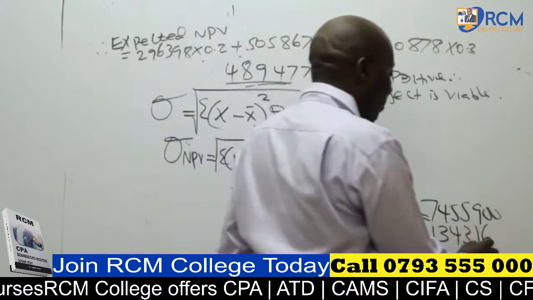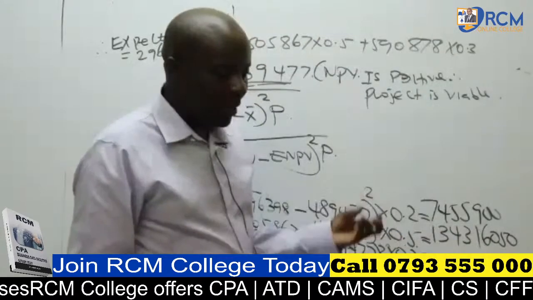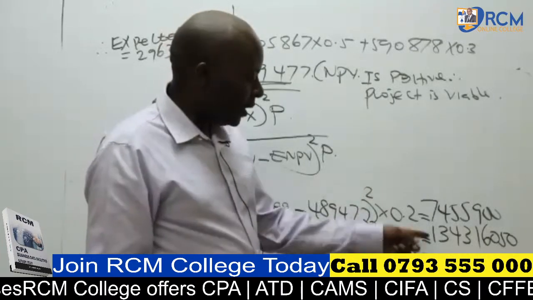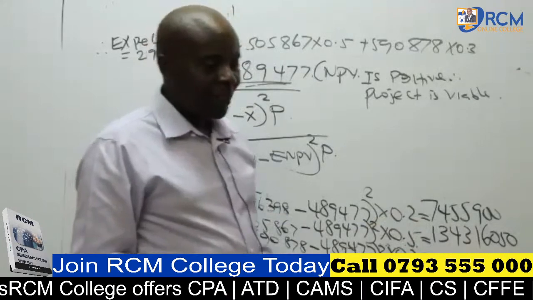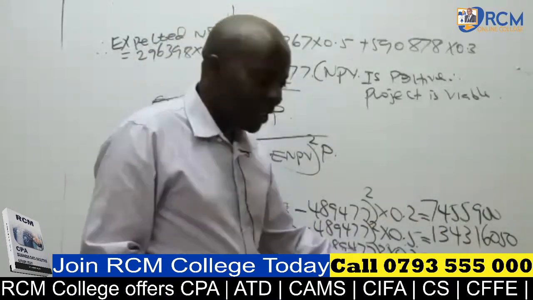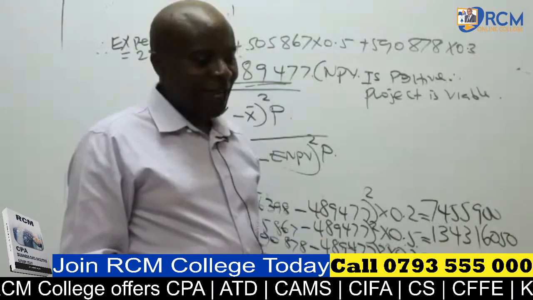A beautiful number. How I wish I could get this kind of money. I mean, I would be happy. This one, I should get it. I proclaim it. How about the last one?